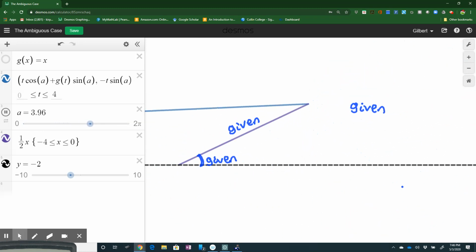Notice in this case, there's only one real answer, because I want a triangle with the given angle, and it's too big. I can't count this one because that's not the given angle. The only triangle that can be created is that one.